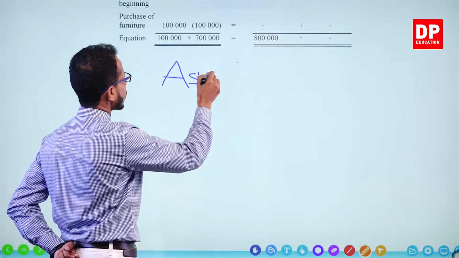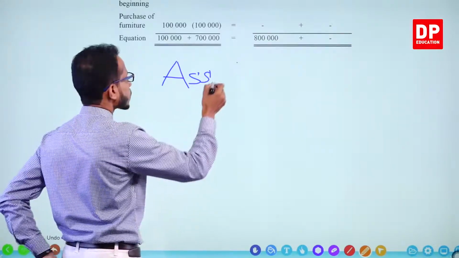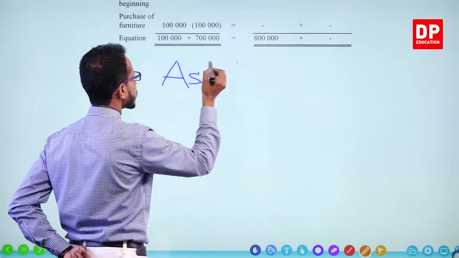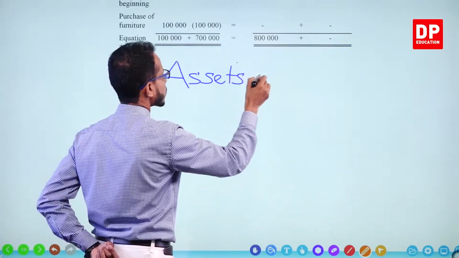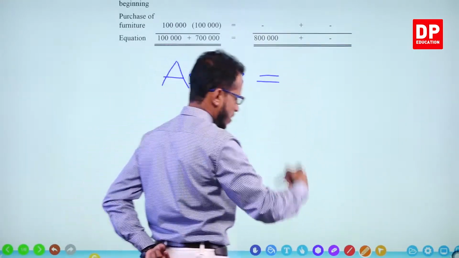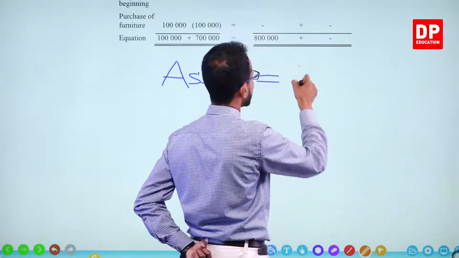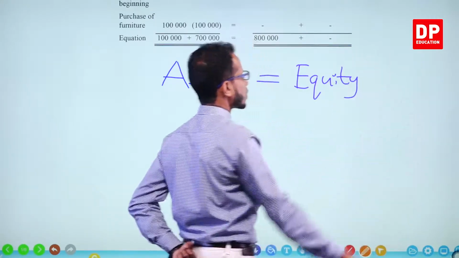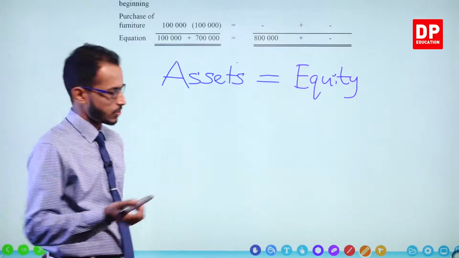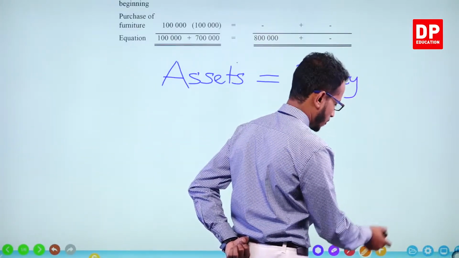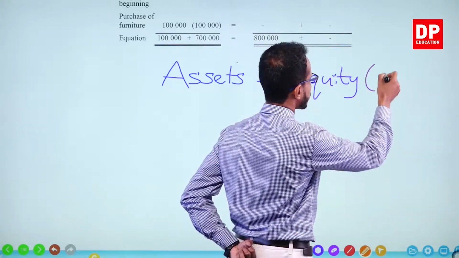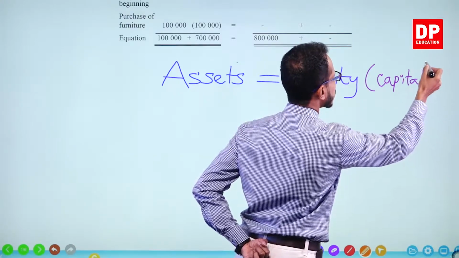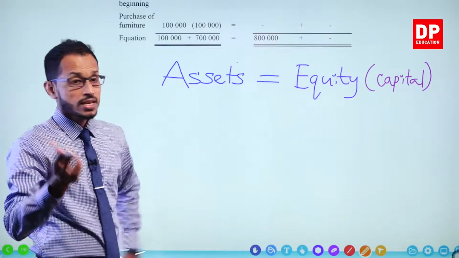When only the owner's resources exist in the business, assets are equal to capital, or we can say assets equals equity. Equity means capital, that we already know. Assets equals capital. This is the equation.